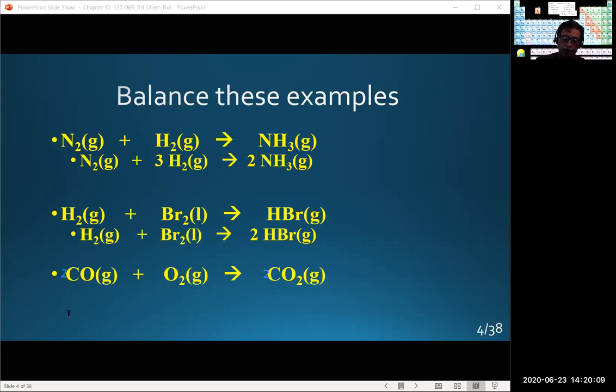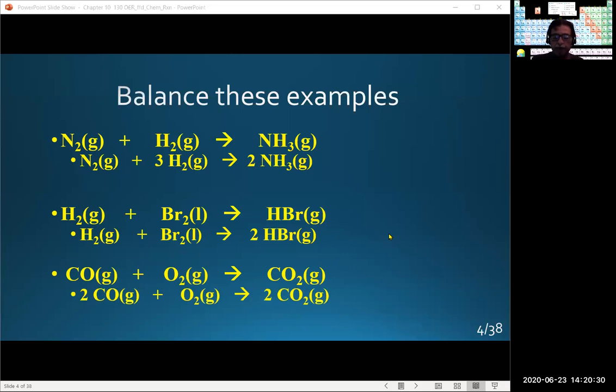And so now go check it. I got 2 carbons as reactants, 2 as products, 4 oxygens total as reactants, and 4 oxygens as products. So it looks pretty clear, balanced there. Okay, so now we have a balanced chemical equation.